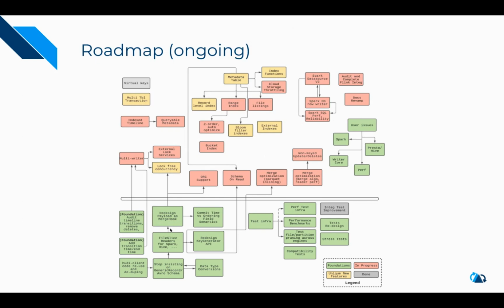But the idea is we want to free ourselves from Avro and deal with the readers and writers in a more native way. So these are some of the things that we are currently working on. And the other thing is to also iron out some of the main pain points around this.